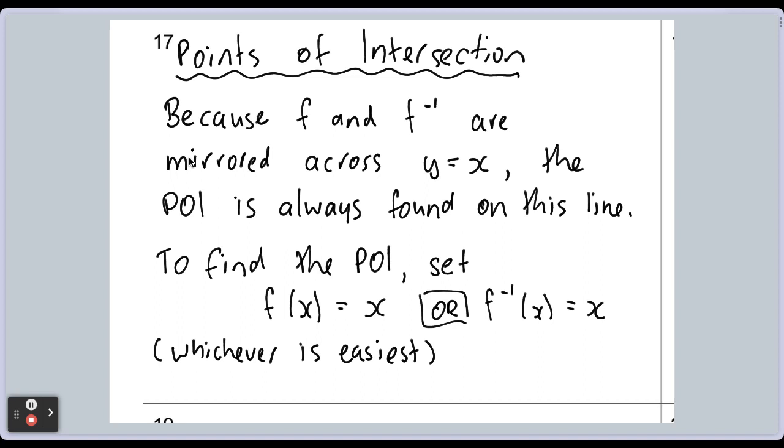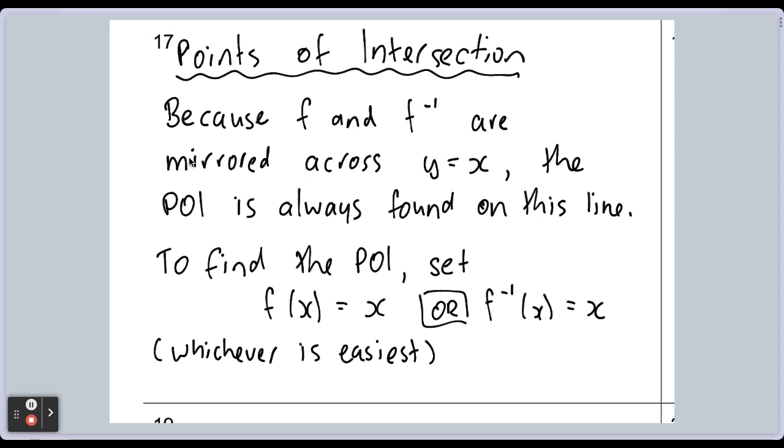To be more precise, it's the pair of coordinates that satisfy both equations. That's why it's sometimes called a simultaneous equation. It's the pair of coordinates that satisfy both functions. Okay, so that's basically a reminder of what points of intersection are.